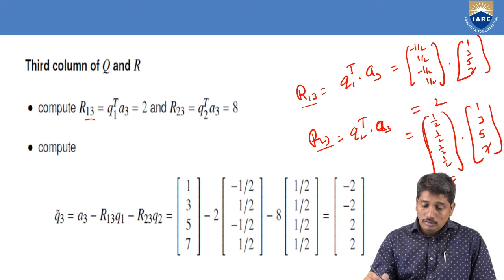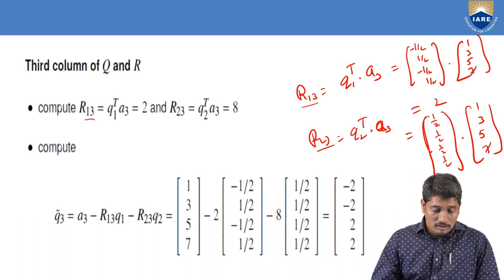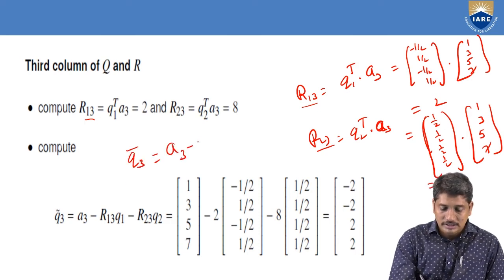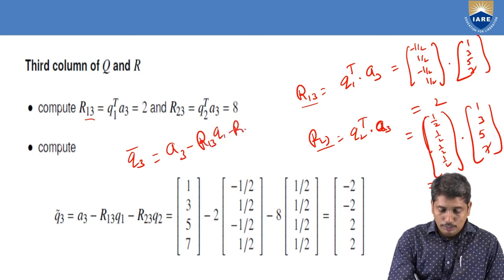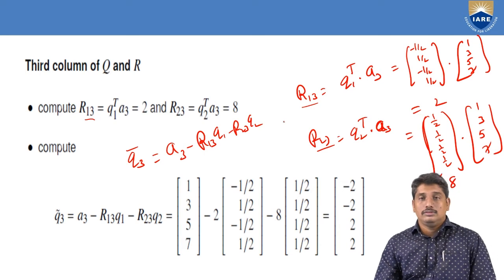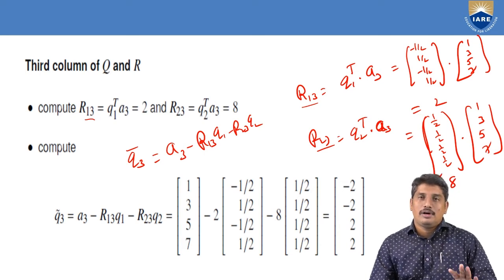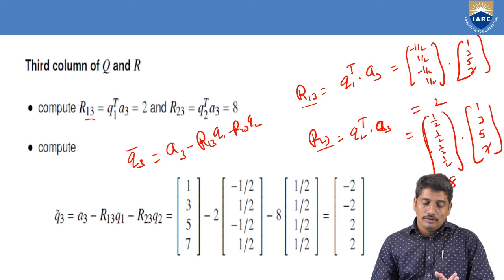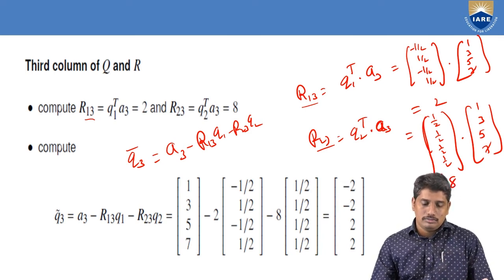Now we will calculate Q3 bar with the help of the formula A3 minus R13 Q1 minus R23 Q2. Of course, these formulas are part and parcel of the Gram-Schmidt process. So we are refining A3 into Q3 bar. How?